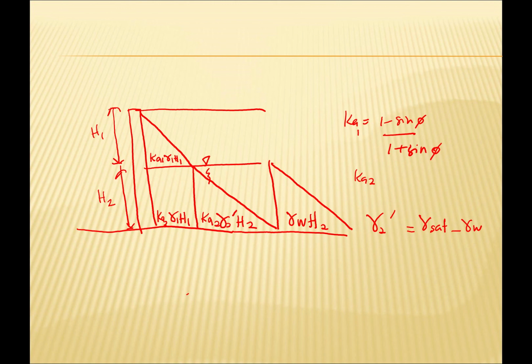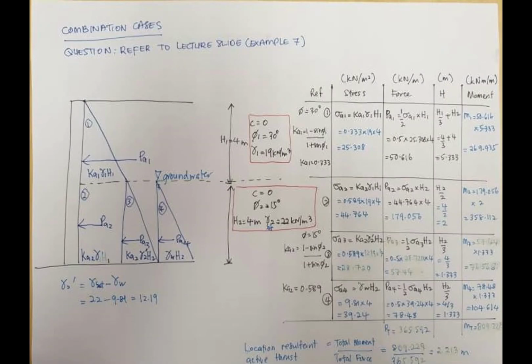So you can draw the reference there, so that you know which stress diagram you are calculating right now. So this is the example that I already did to calculate everything. And of course, reference number 1 is diagram number 1, reference number 2 is diagram number 2, reference number 3 is diagram number 3, and reference number 4 is diagram number 4.